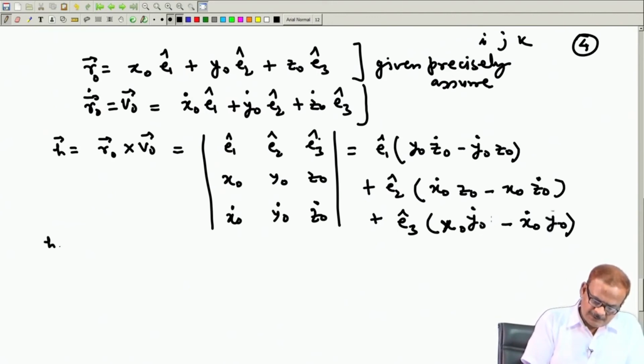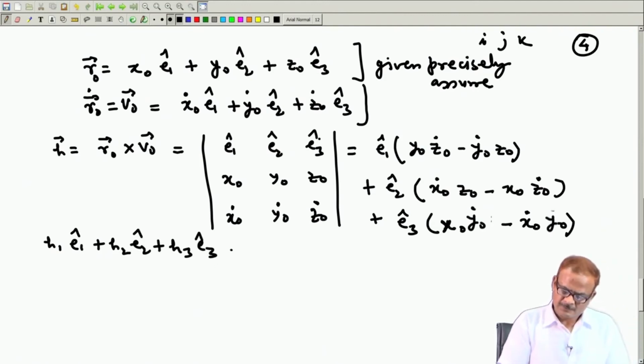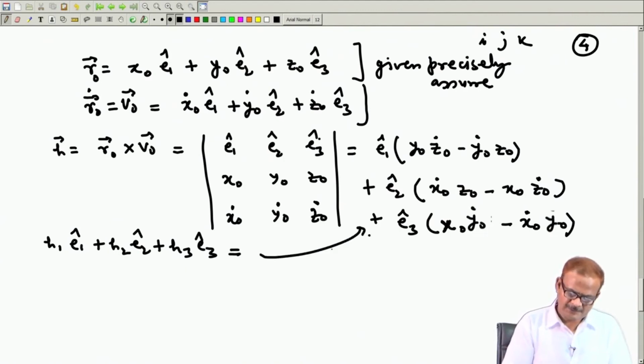So, h will have 3 components, h1 E1 cap plus h2 E2 cap plus h3 E3 cap, and this quantity is given here.